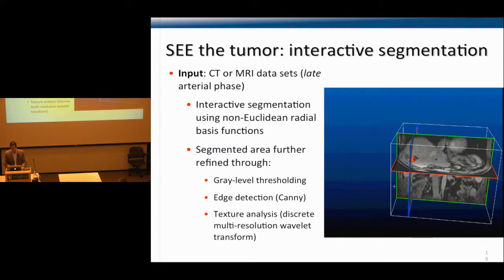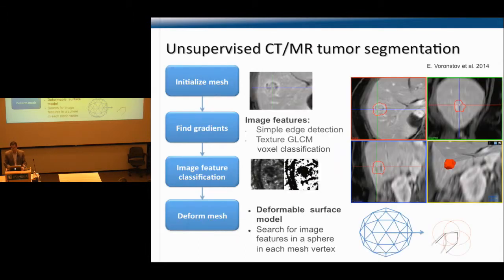One of my students is looking into a purely unsupervised segmentation approach that's adaptable for CT or MR. Here he's looking into texture analysis using a gray level co-occurrence matrix, for example using energy, entropy, kurtosis, and variance measures to learn how the texture differs between the tumor and the normal liver tissue.